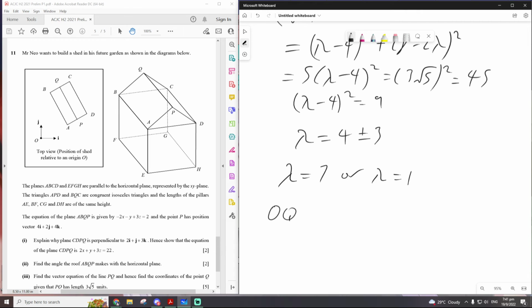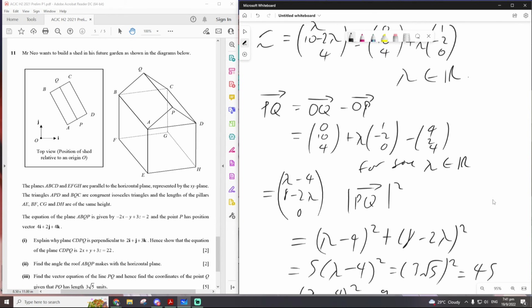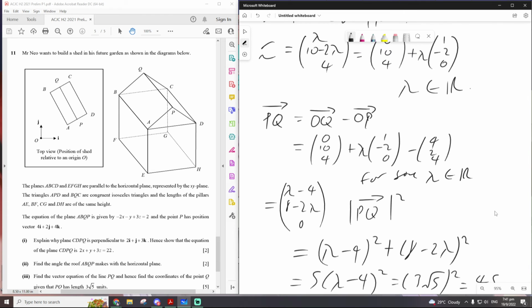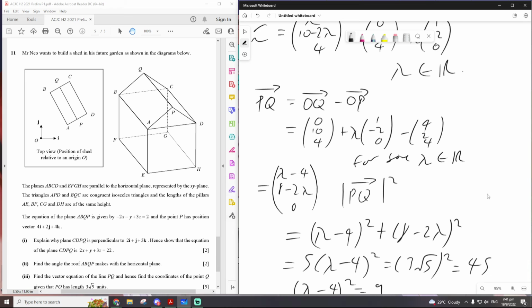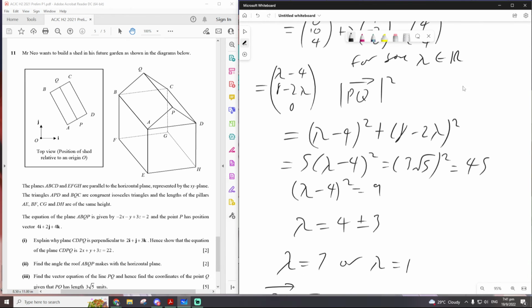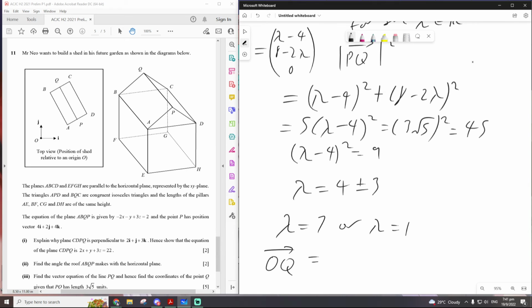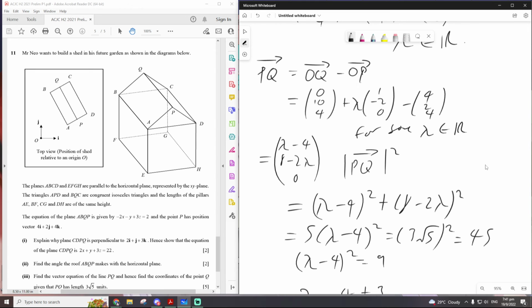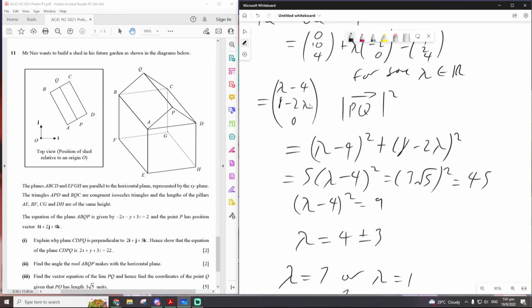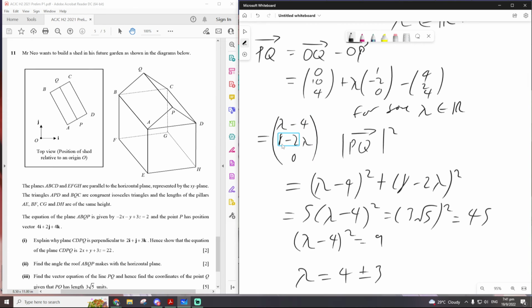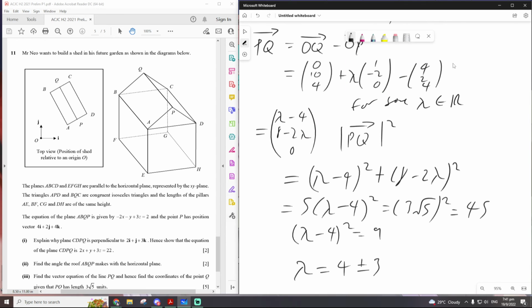So OQ equals, so I use this one, I'll get OQ is OP plus PQ, so I'll get (4, 2, 4), then you add PQ.